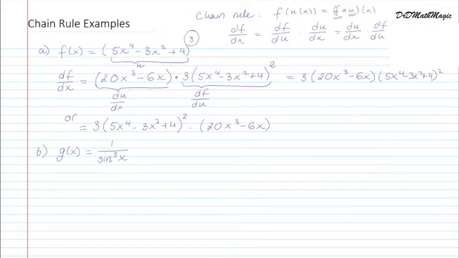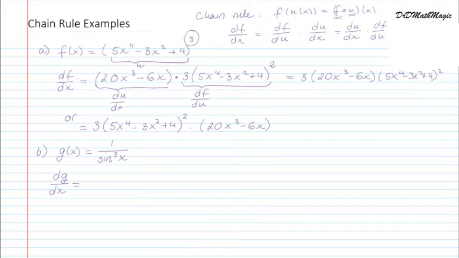And I want to know what is the derivative of g with respect to x. Well, the problem here is that I have a sine function, but it's not just a sine function. It's sine function to the power of 3, and then I have 1 divided by sine function to the power of 3.